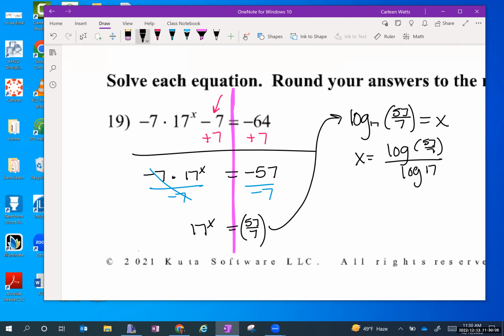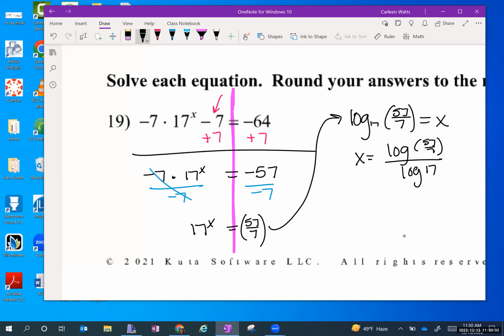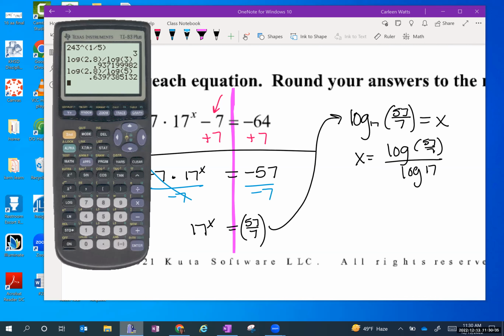Calculator. Okay, so let's do this. Log, parentheses 57 divided by 7. Now, notice I need one more parenthesis, right? So now I have 2 on the left, 2 on the right.